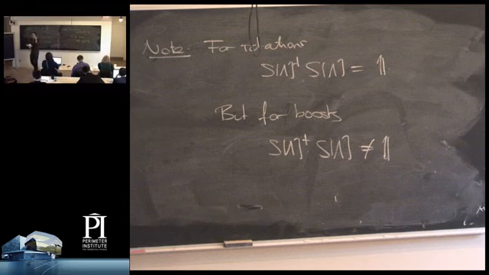Okay, this is actually a general statement. There are no finite dimensional unitary representations of the Lorentz group. Okay? And here we're seeing an explicit example in this case.